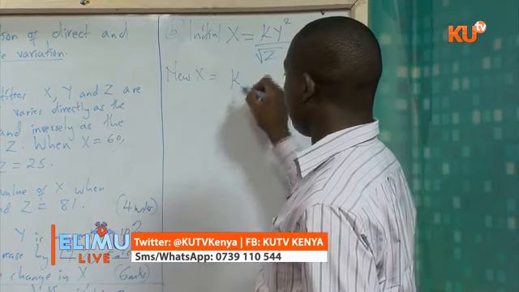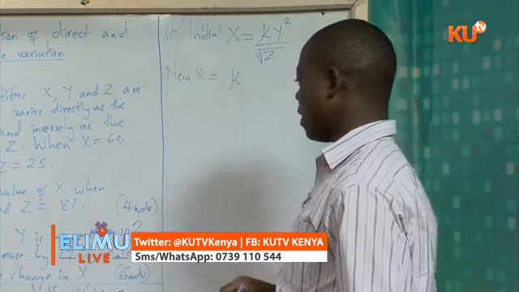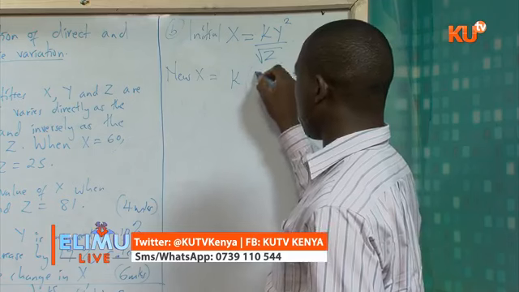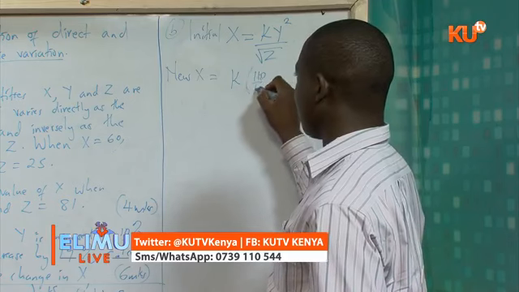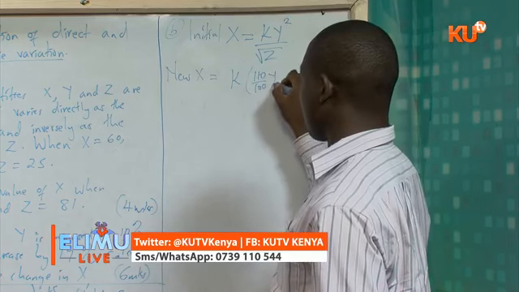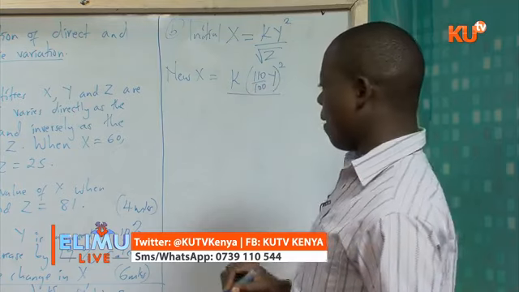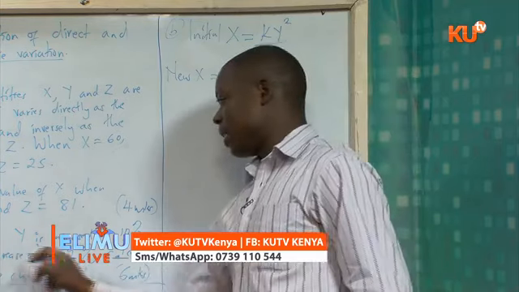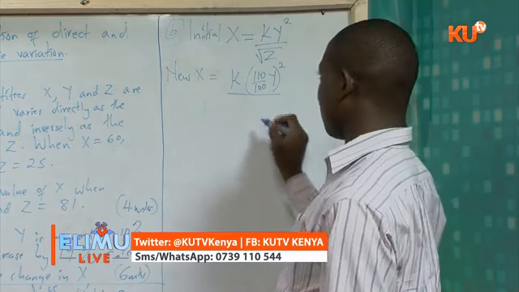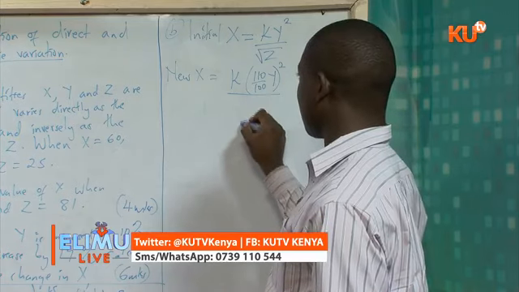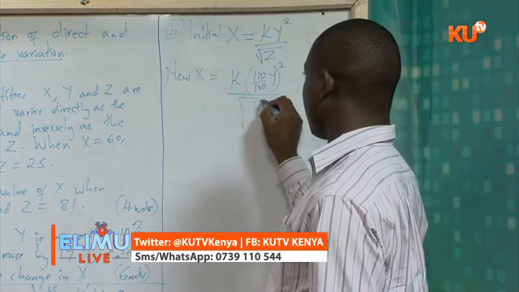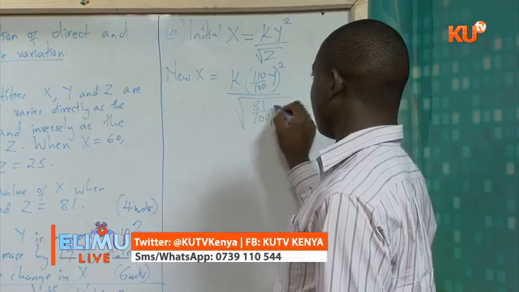The new x will be k. Now y increased by 10%, so we end up having 110 over 100 of y squared, over z decreased by 19%. Now we have 81, so that becomes the root of 81 over 100 z.